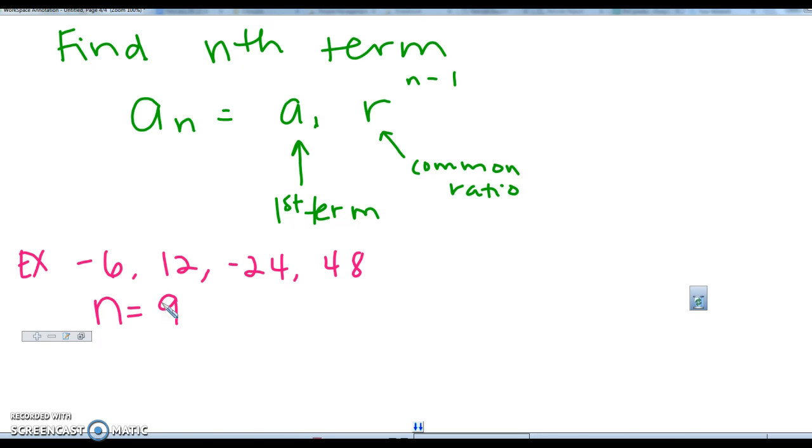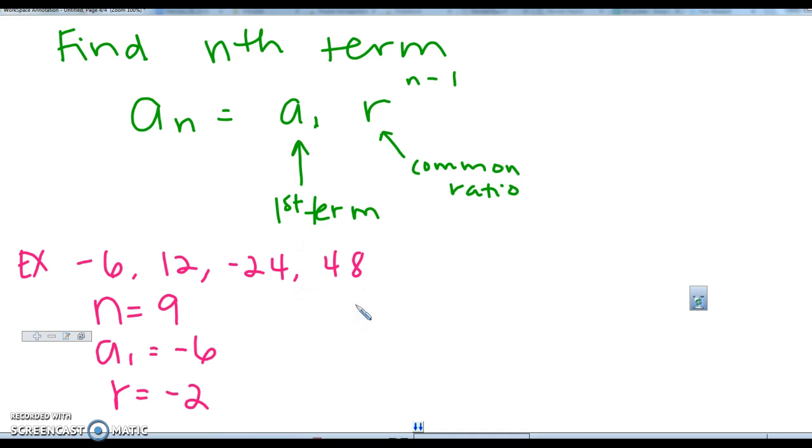It wants to find the nth or the 9th term. But things that I can gain from this sequence that I already know: my a sub 1 term, because that's the first term in the sequence, is -6. I also know my common ratio. To get from -6 to 12, I multiplied by -2. So I have all the variables I need.